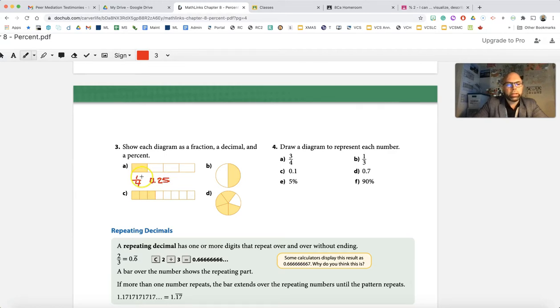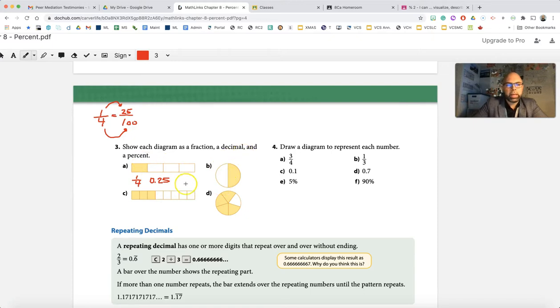One way is simply to divide 1 by 4 in your calculator, or we can show the equivalent fraction here, 1 over 4. How do we get from 4 to 100? We multiply by 25, so we do the same up here, and that gives us 25.